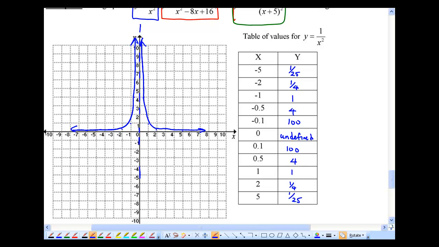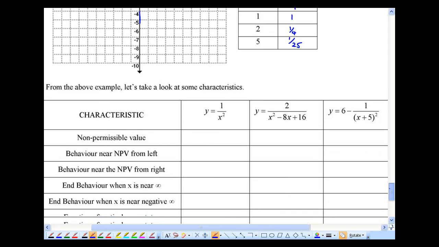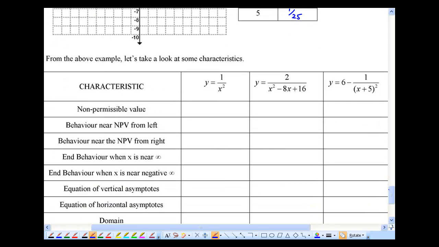There you go. Characteristics. Let's quickly fill those out too, okay? Non-permissible value. Of course, x can't be 0. Behavior from the left of the NPV, y seems to approach positive infinity. From the right, in this case, it also seems to approach positive infinity.